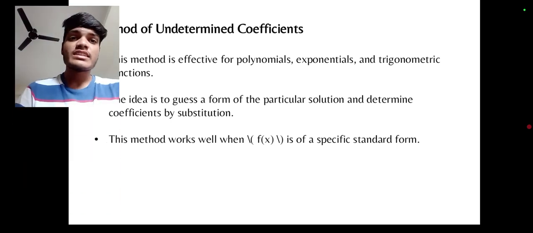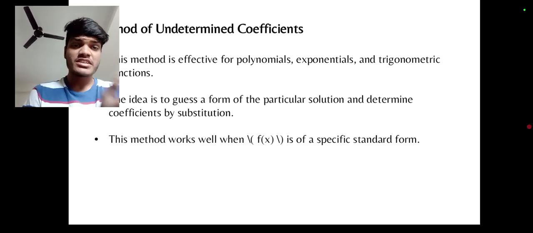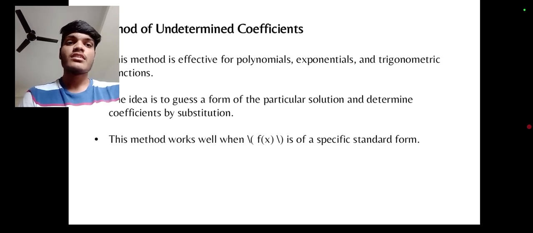The idea is to guess the form of a particular solution and determine the coefficients by substitution. This method works well when the non-homogeneous term is of a specific standard form.